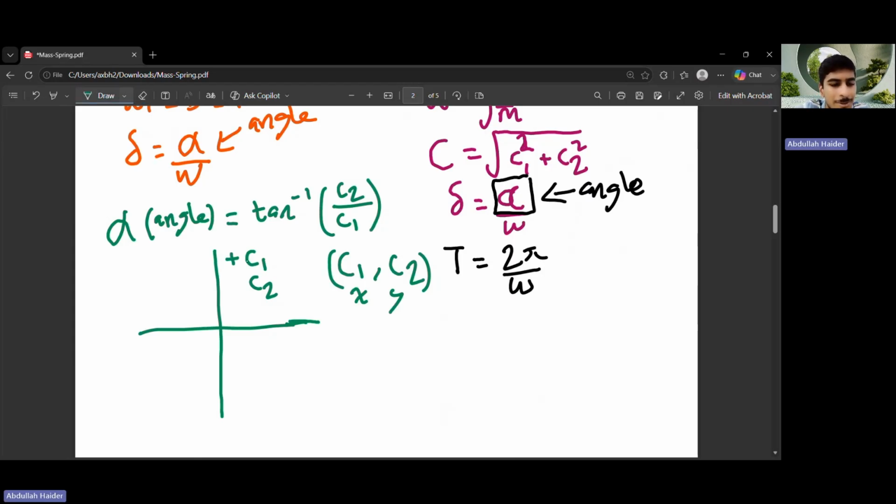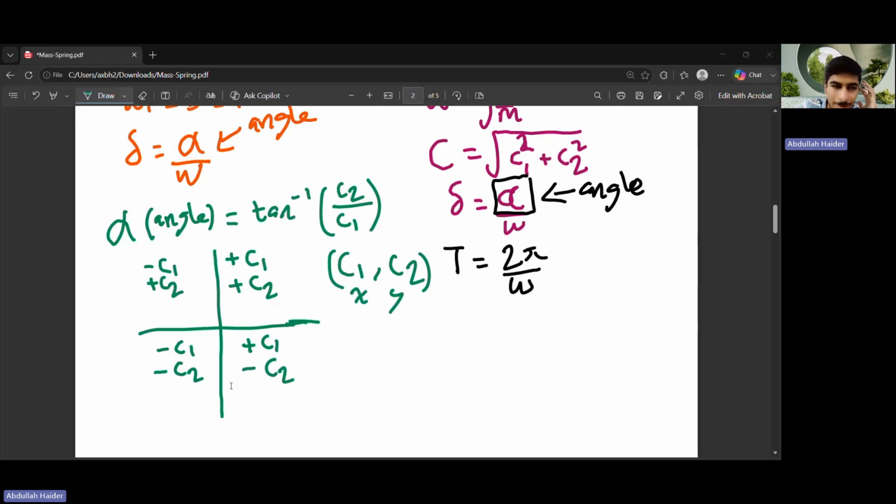So you have these cases where you have positive C1 and positive C2. You will have a negative C1 and a positive C2. You'll have a negative C1 and a negative C2, and a positive C1 and a negative C2.